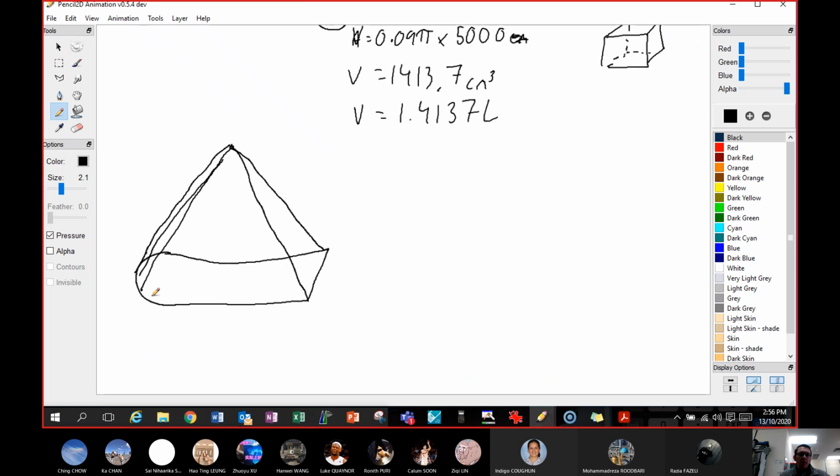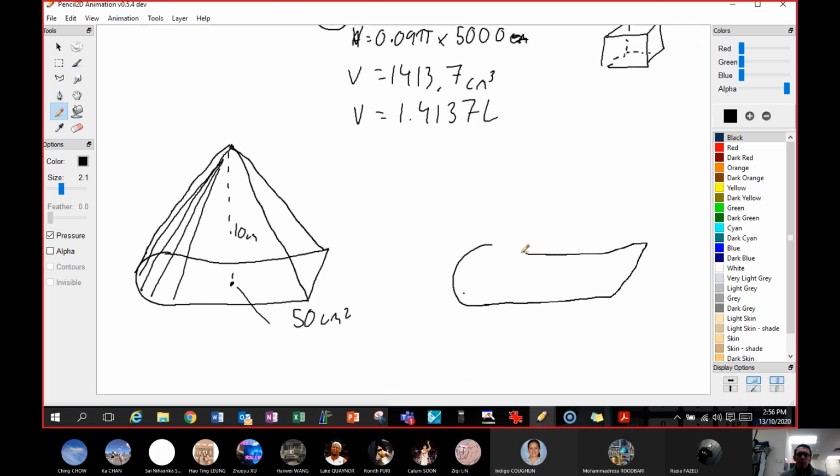Now what about the volume? Let's just say the area of the base was, again, 50 centimeters squared, and the perpendicular height to the middle is 10 centimeters. If I went 50 by 10, that would give me the volume of this weird shape, this object.